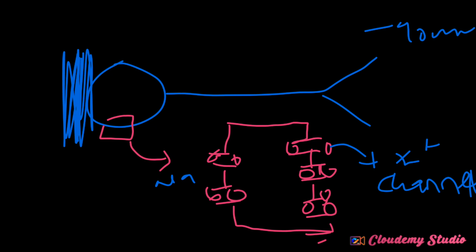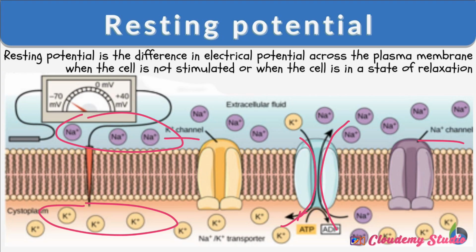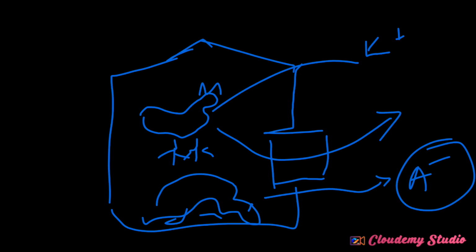The cell is far, far more permeable to what? To potassium than sodium. So let me just represent that with this. The cell is far more permeable to potassium than what? Than sodium. You understand? Which means there are more potassium that flow outside of the cell than sodium.